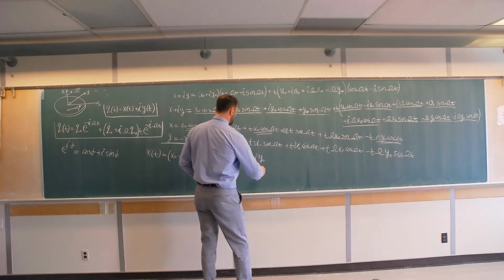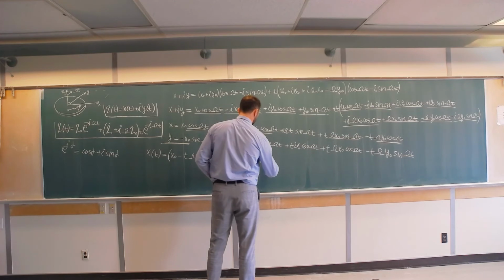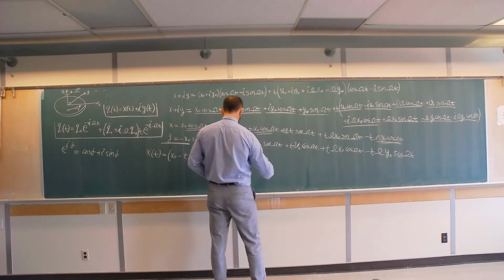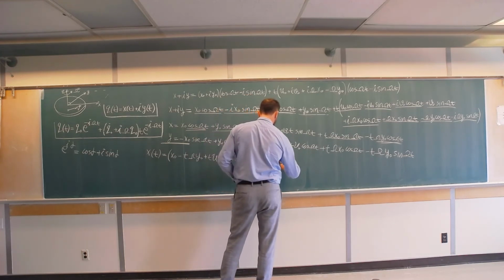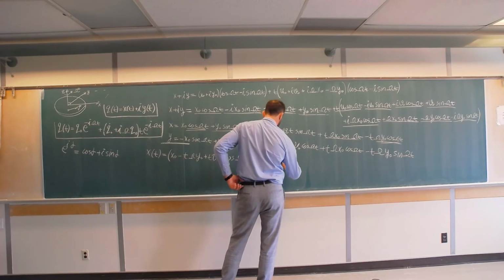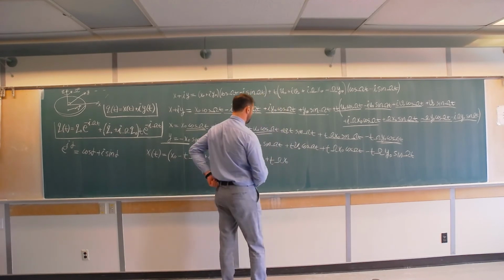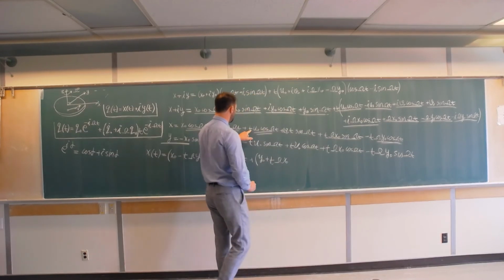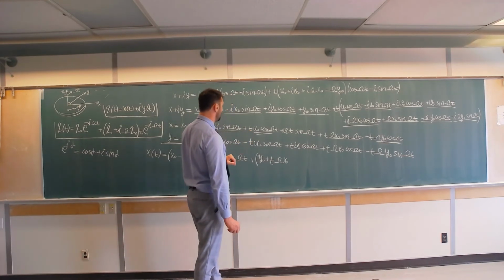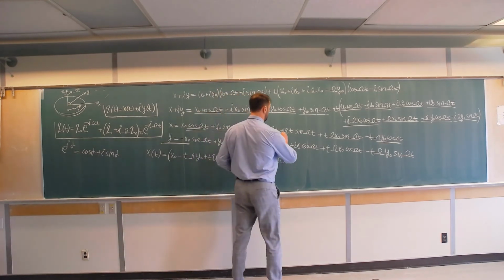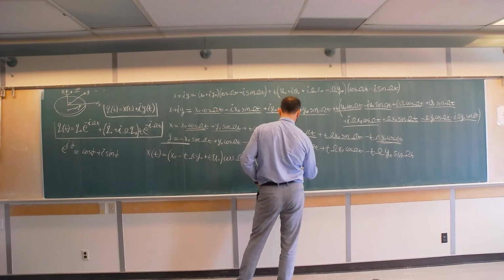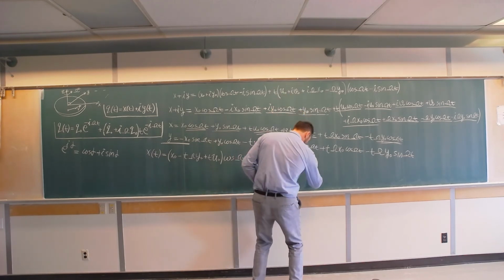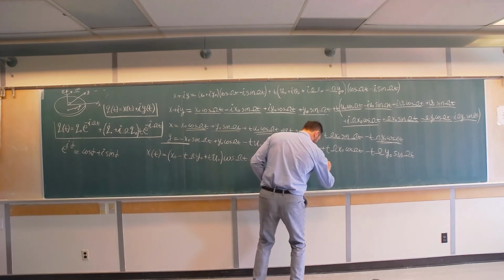So this one will be plus t times omega times x0 and this one plus v0 t times sine omega t.